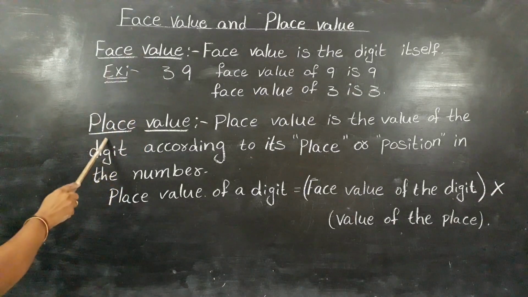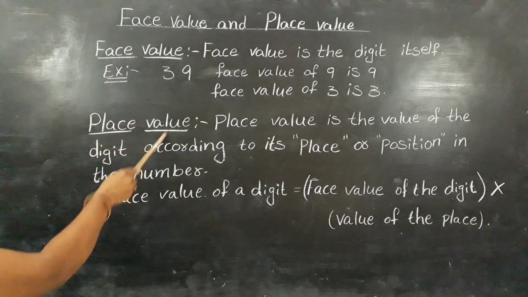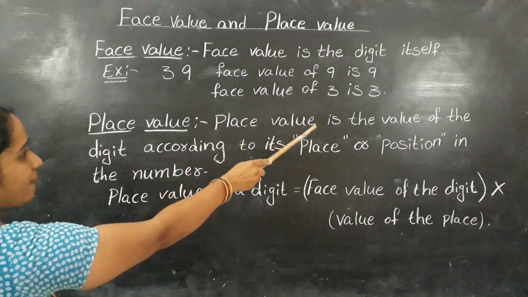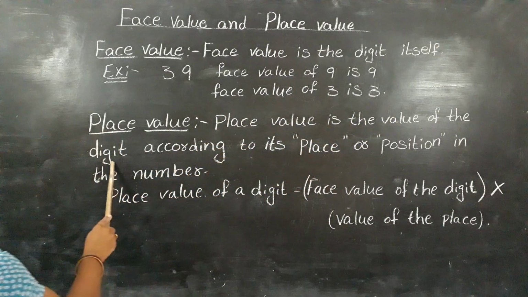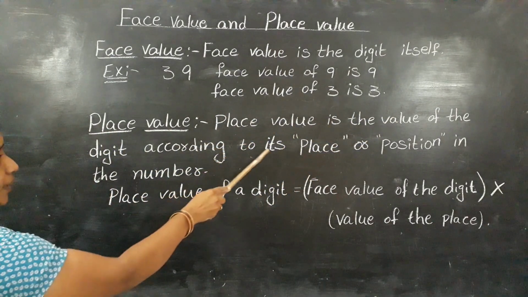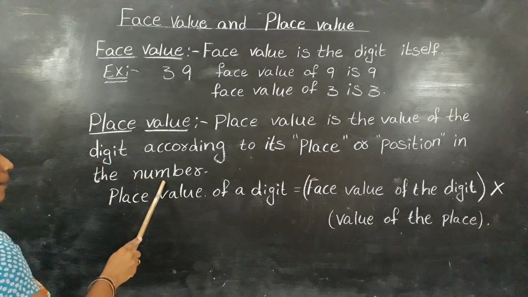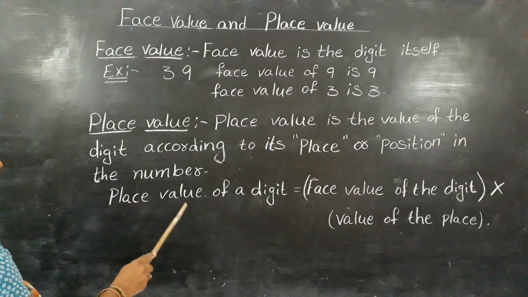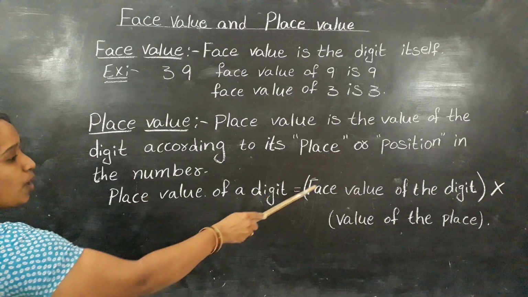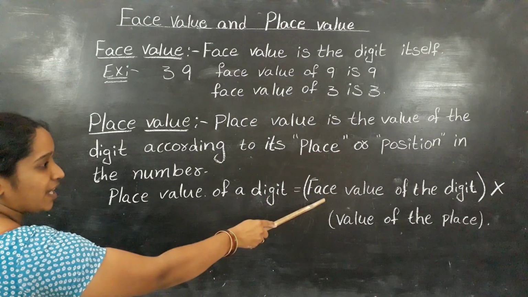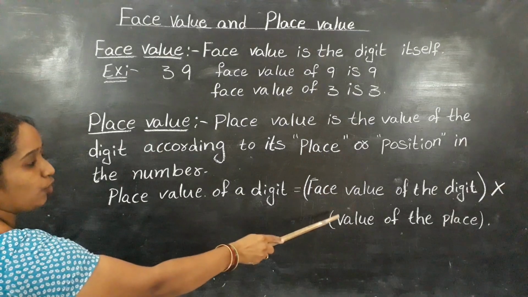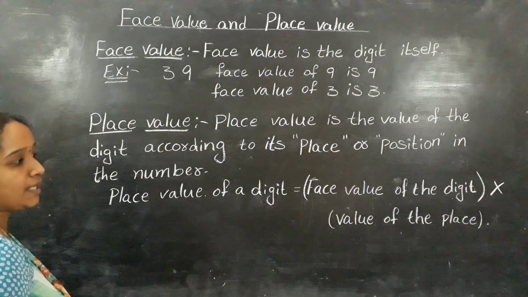And next one, place value. Place value is the value of the digit according to its place or position in the number. Place value of a digit is equal to face value of the digit times the value of the place.